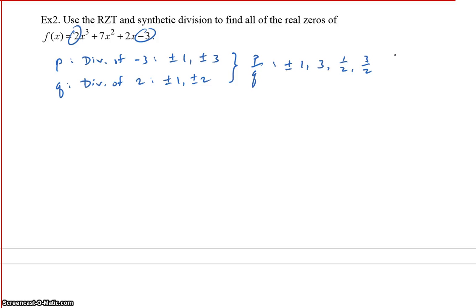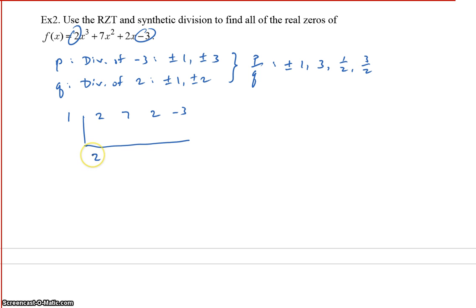For example, if x equals 1 were a zero of f, then x minus 1 should be a factor. So if we do a synthetic division using 1, thinking of x minus 1 as a factor, along with the coefficients of f, which are 2, 7, 2, and negative 3, we can test to see whether 1 is a zero of f.